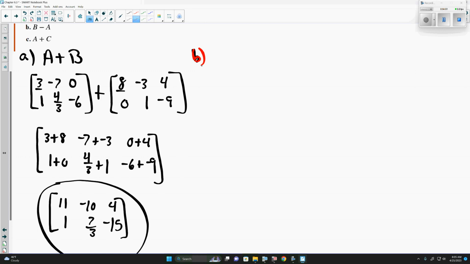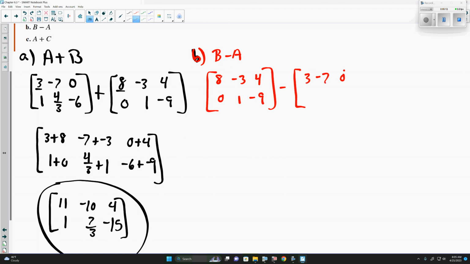Okay. We can look at part B next. B minus A. So this will be similar to A plus B, but this time we're subtracting, and we're going to put B first. So 8, negative 3, 4, 0, 1, negative 9. This time we're subtracting from it A, so 3, negative 7, 0, 1, 4/3, negative 6.